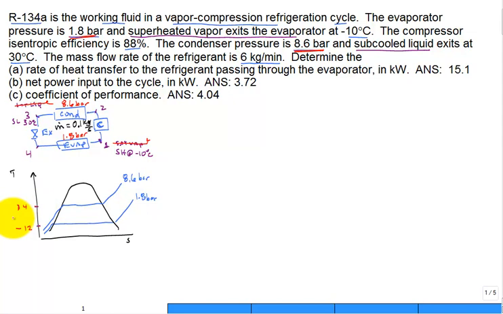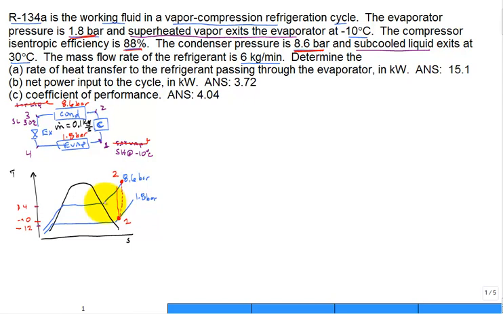Let's put into our diagram where our state 1 is. It's coming out slightly superheated, so it'll be right around there, meaning the temperature is -10, 2 degrees higher. And so that's where state 1 is. We're going to undergo an isentropic compression, then adjust with the isentropic efficiency of 88% to come out with state 2 actual, being up here on the 8.6 bar line at some elevated temperature.